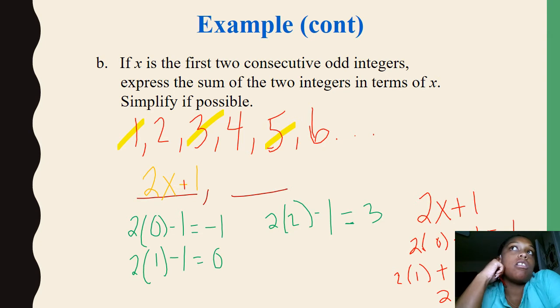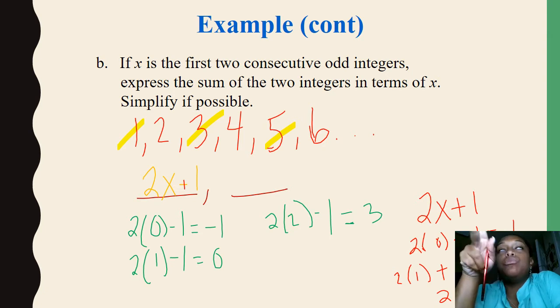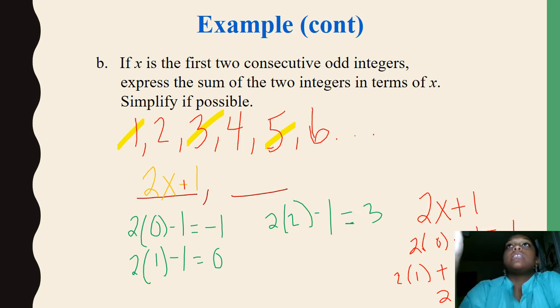What else could I do to get that second number? I need 2 more steps to go. So if I'm already doing 2 times x plus 1 and I need 2 more, what would happen if I did 2 times x plus 3?